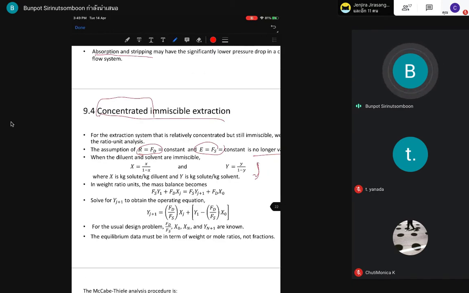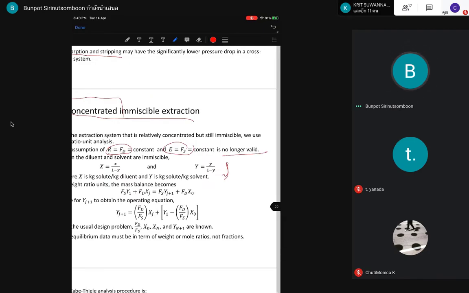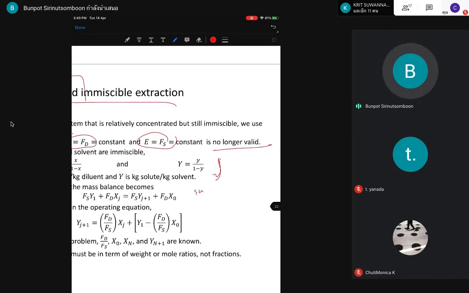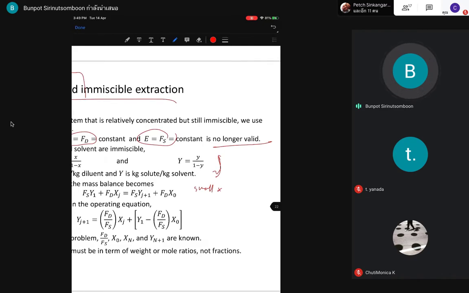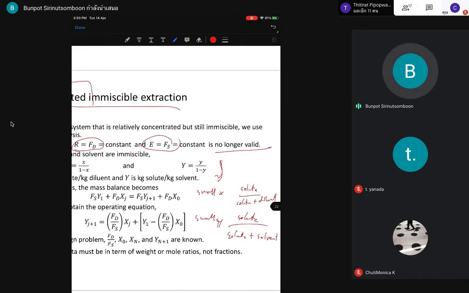In the small x, we use solute over solute plus diluent, and small y is solute over solute plus solvent. That's small x and small y.